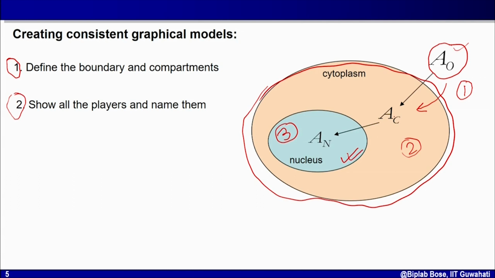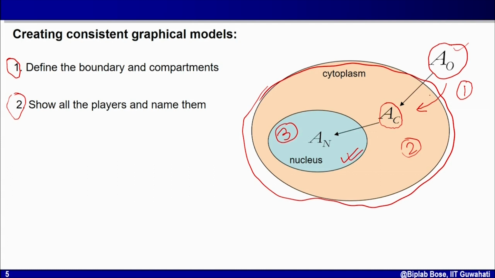It enters, and I have marked that same molecule when it is in the cytoplasm as AC, to remind you that this is the A molecule, but it is present in the cytoplasm. The same molecule, when it enters into the nucleus, I am marking as AN, representing that it is the A molecule in the nucleus.